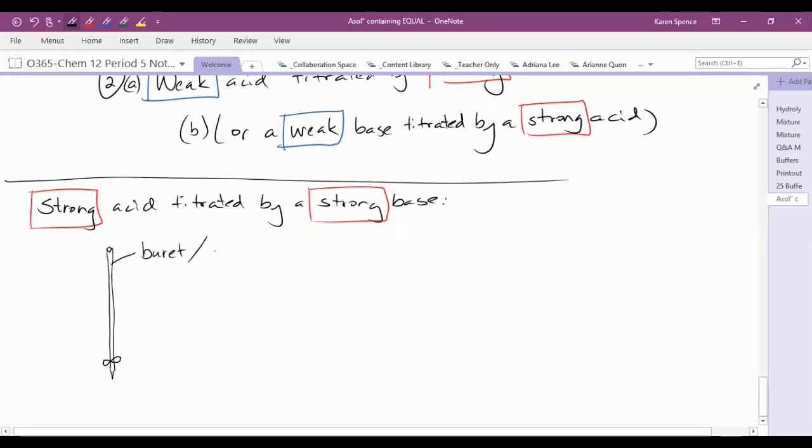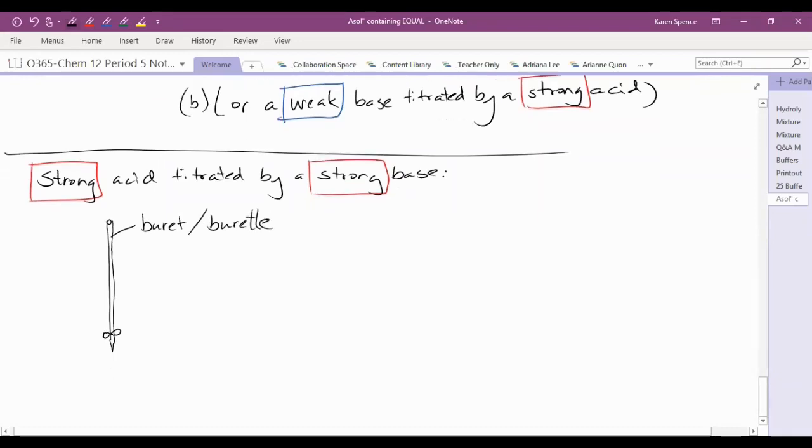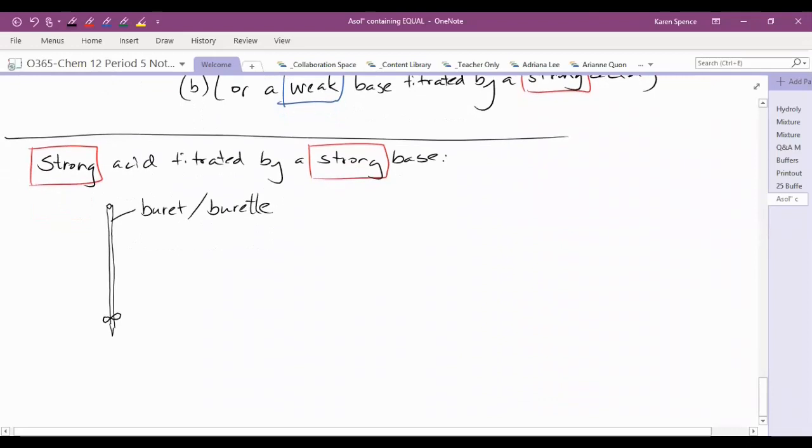If you prefer to spell it with an E-T-T-E, that is also fine. Both are acceptable, okay? And in our burette, we are going to put our strong base. So I'm going to color it blue for base. Okay. So that is a strong base of known concentration.